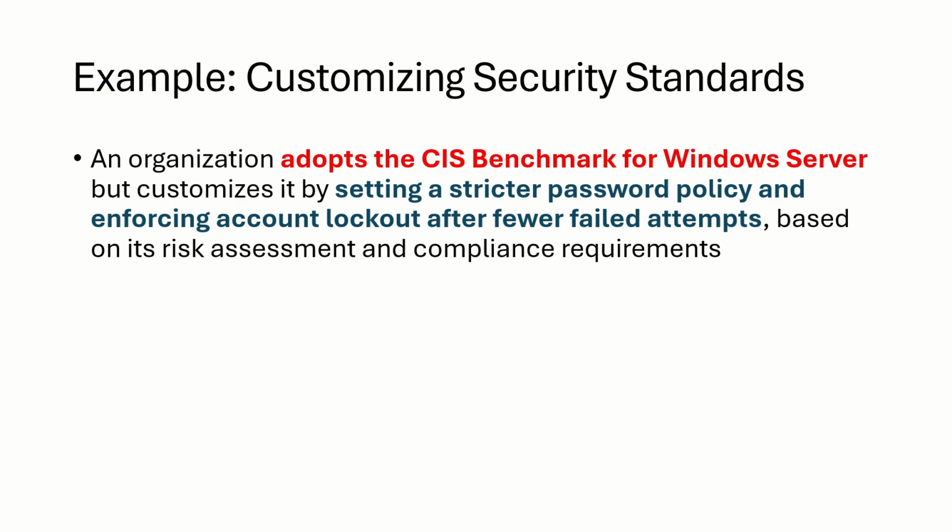It will want to customize this by saying, let us make the password policy stricter. The CIS benchmark would already say that you should have a password that's at least 6 characters long. If you want to make yours stricter, you might say, okay, 6 characters long is some security, but let's make it 12 characters minimum so that we have stronger passwords.